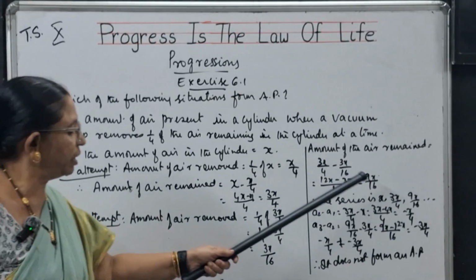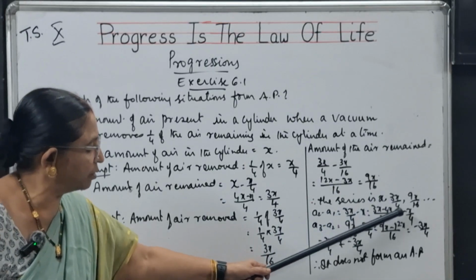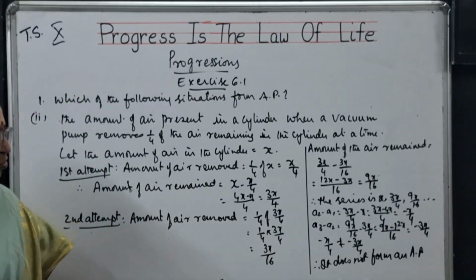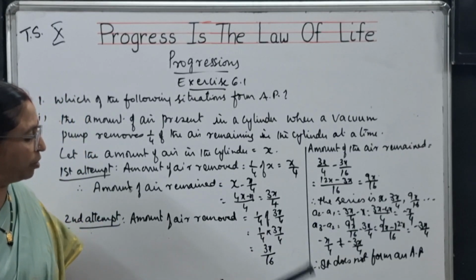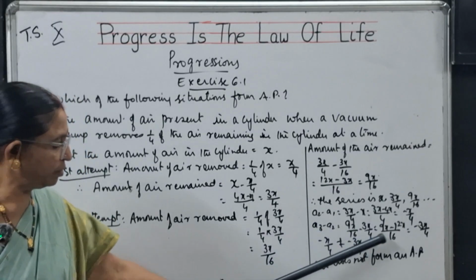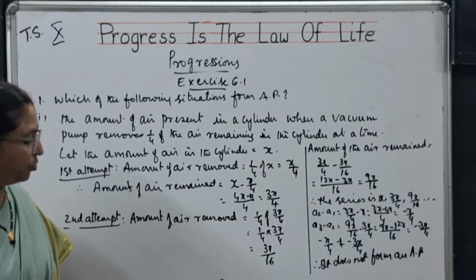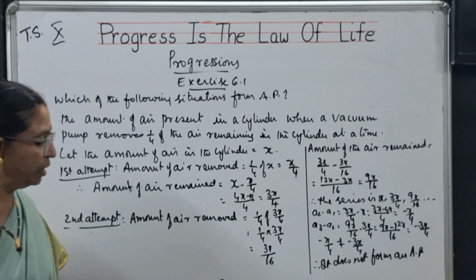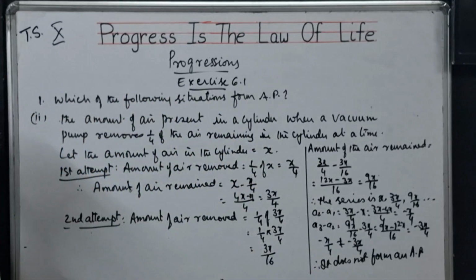So how much I got? 9x by 16. So I took the series as x, 3x by 4, 9x by 16, and so on. a2 minus a1 is minus x by 4 I got. a3 minus a2 is minus 3x by 4. Both of them are not equal, so it does not form an AP. This is the second bit, children. Please note it down.